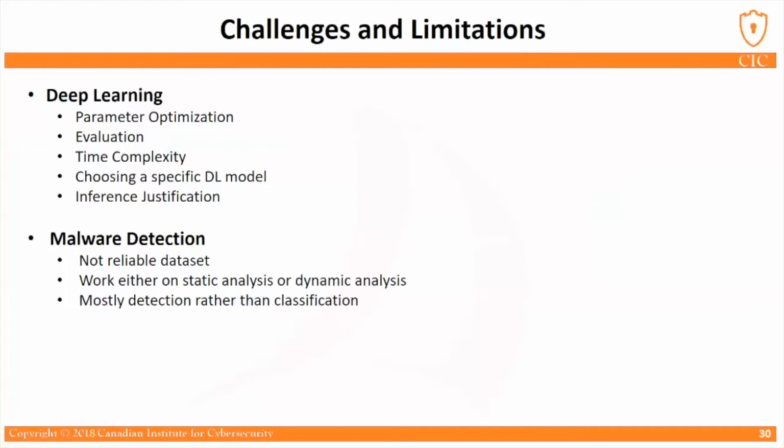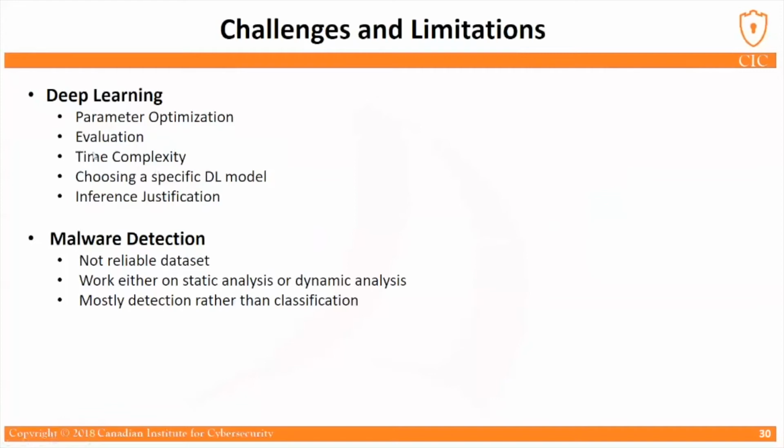We should have all of them if we want to show that our approach is really working well. And there is normally no time complexity analysis. They haven't verified why they have chosen these specific deep learning approaches, because some of the deep network architectures are good for some specific applications and so on.